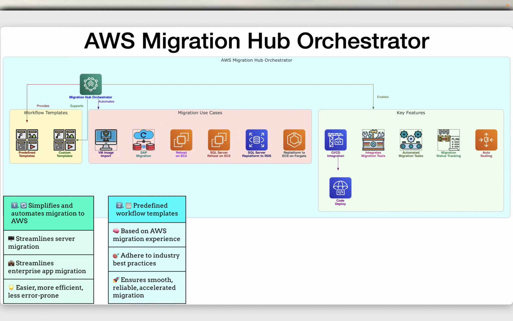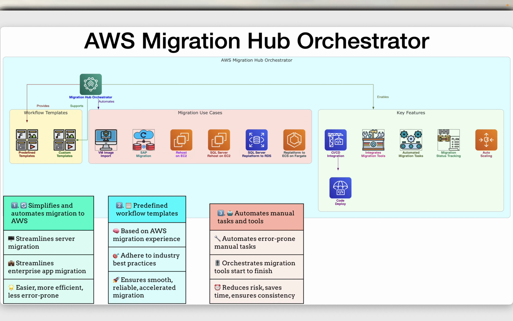You can get started quickly with predefined workflow templates that leverage AWS extensive migration experience and adhere to industry best practices, ensuring smooth, reliable, and accelerated migration process. Migration Hub Orchestrator automates manual tasks involved in migration process and orchestrates related migration tools from start to finish, and this reduces human error, saving time and ensuring consistency.